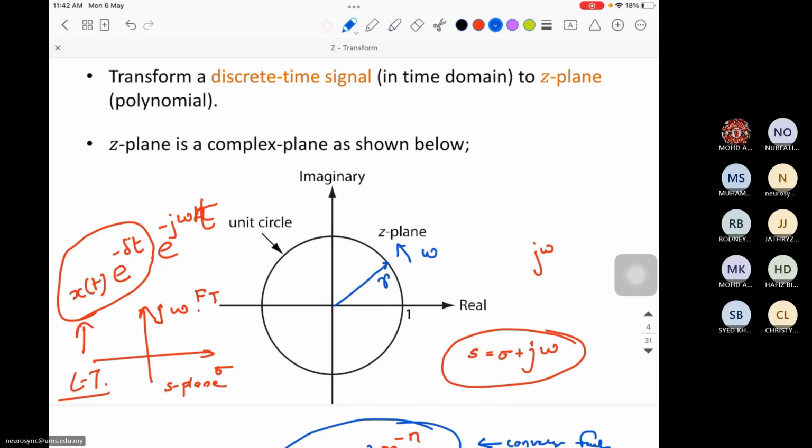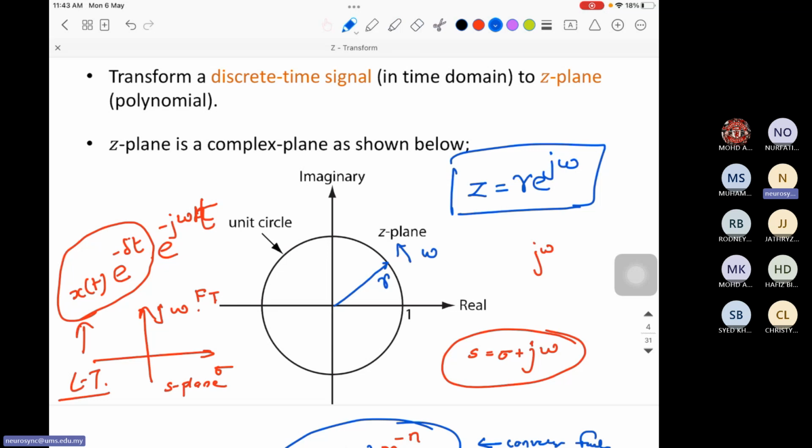Please understand, in the Fourier transform this r is restricted to the value 1, but in the Z transform r can take any value. Therefore we introduce the symbol Z, and Z is equal to r e to the power j omega.